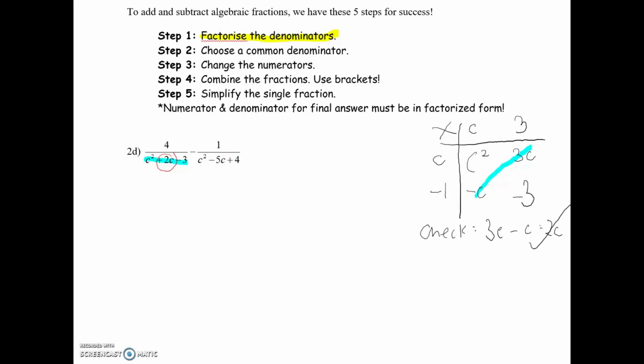So therefore, we have factorized c squared plus 2c minus 3 correctly. And we will get the denominator for the first fraction: the first factor is c minus 1. The second factor is c plus 3.